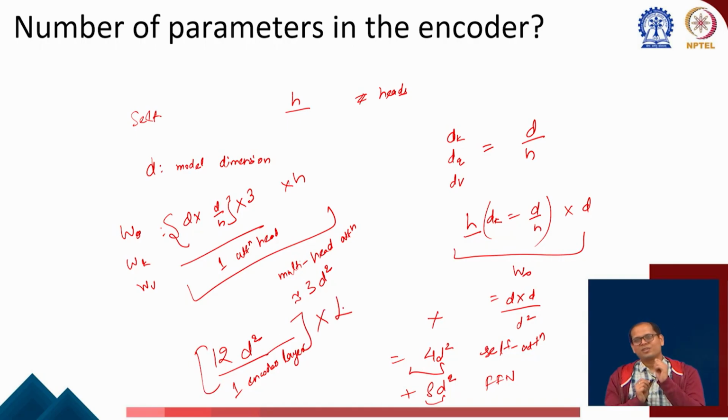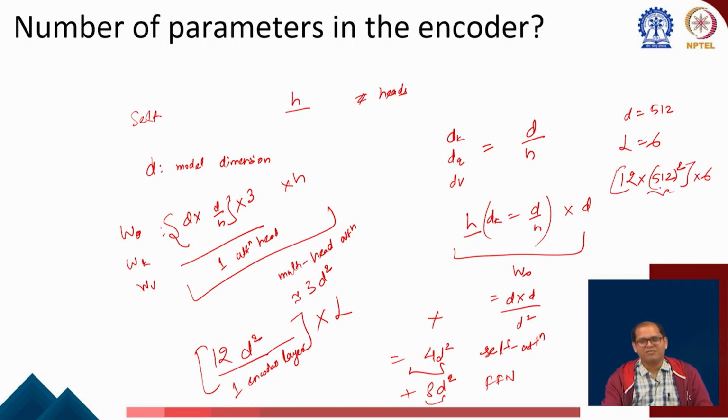So if you work it out for the transformer encoder, D was 512 and they had 6 encoder layers. So you will get 12 times 512 square times 6. Now 512 square, roughly you can say this is 250,000 into 12.